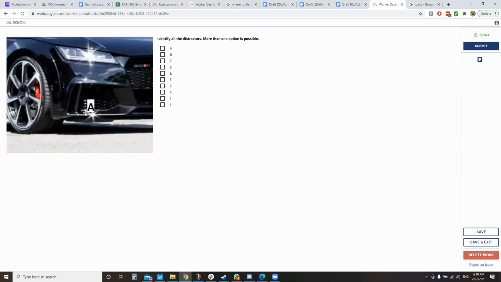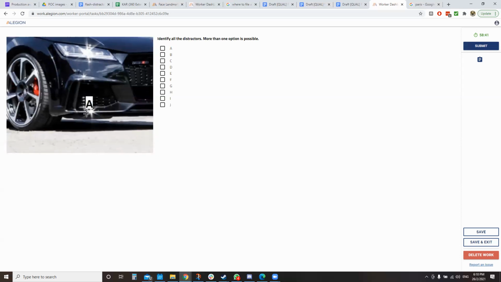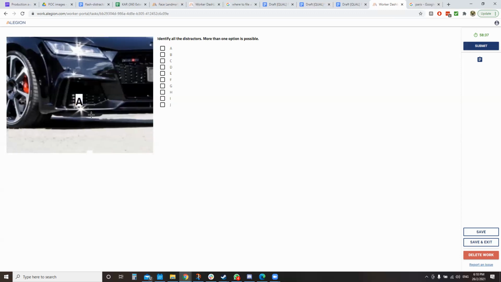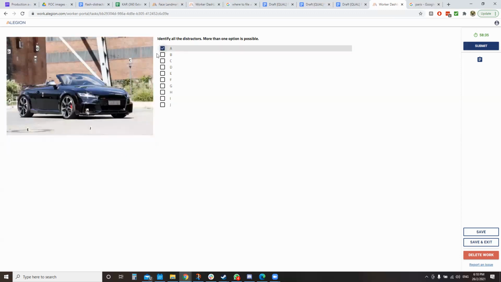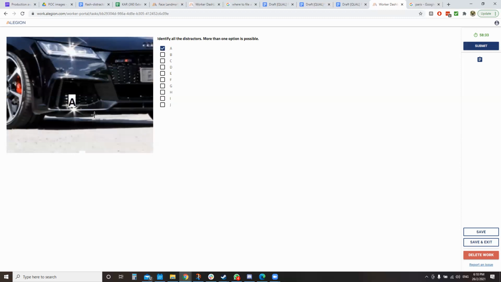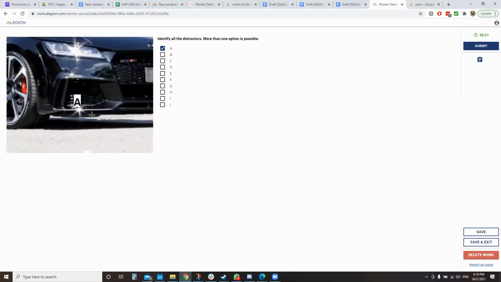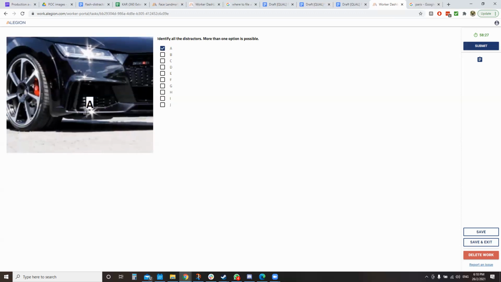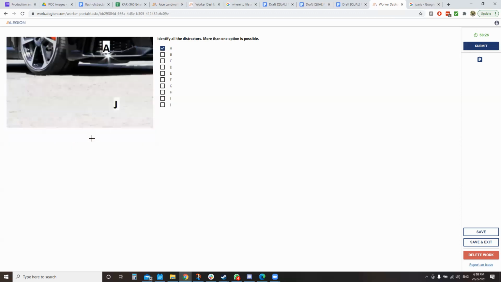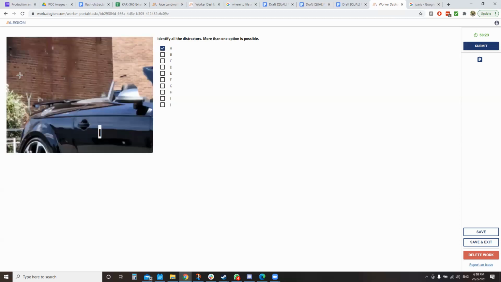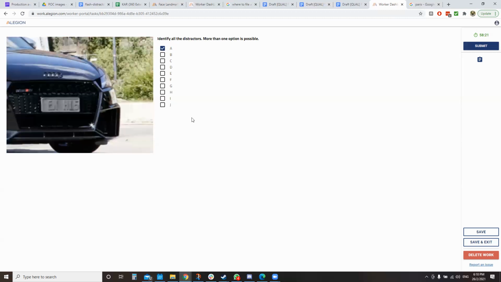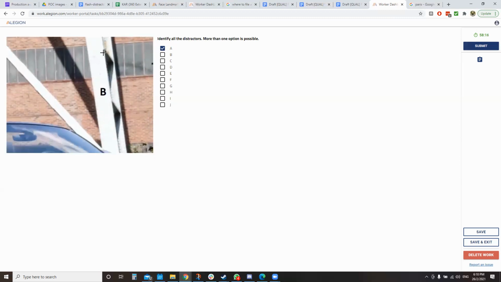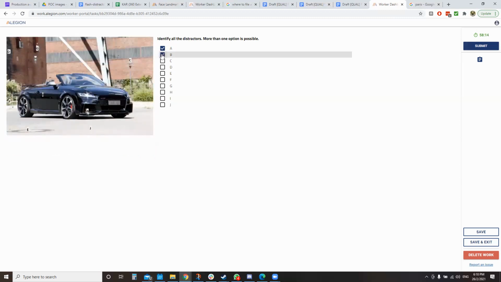A, is it a distractor? Yes, sir, it's looking like a distractor. Yes, it is a reflection, right? So it's a light flare, which means it's a distractor. Next, let's look at B. Is B a distractor? Yes, Shavin, B is a distractor also.